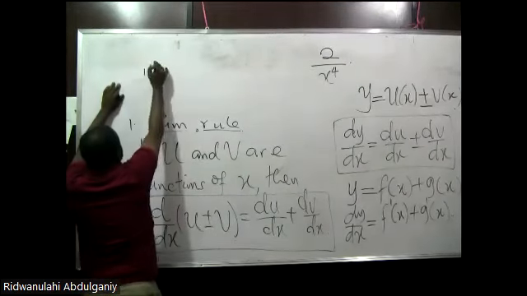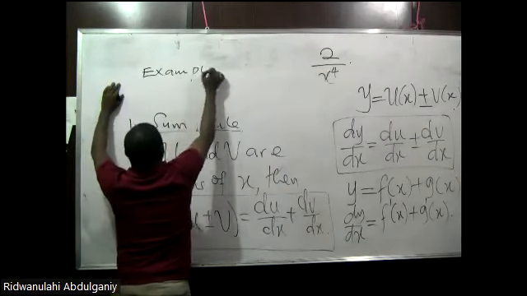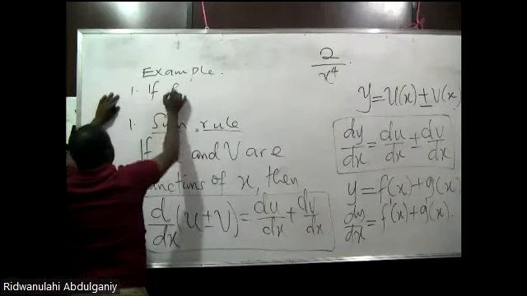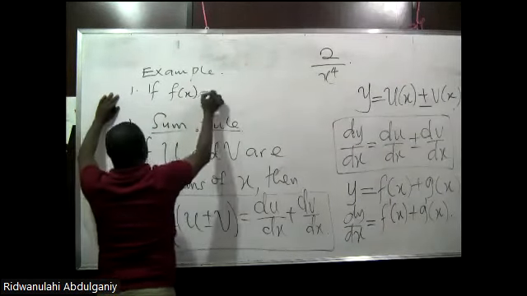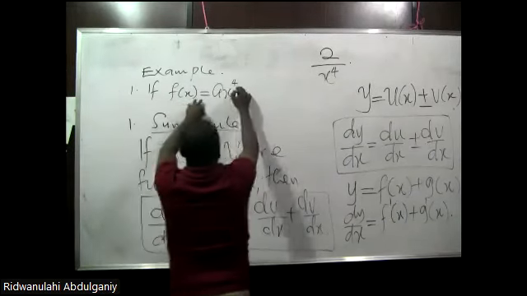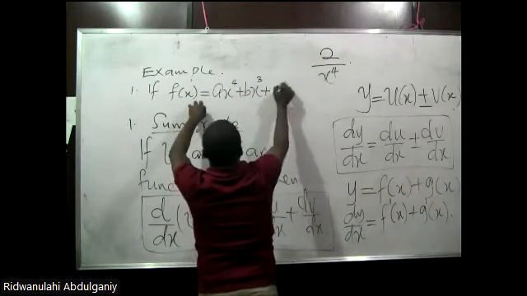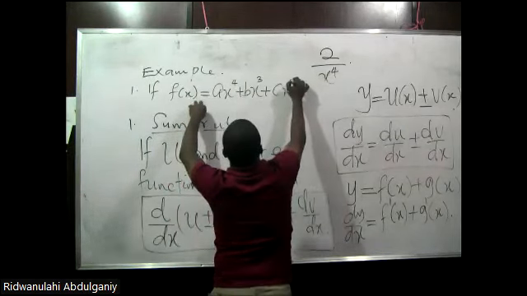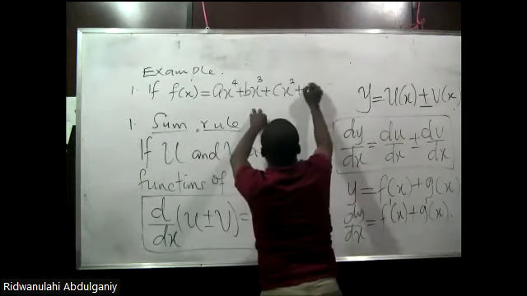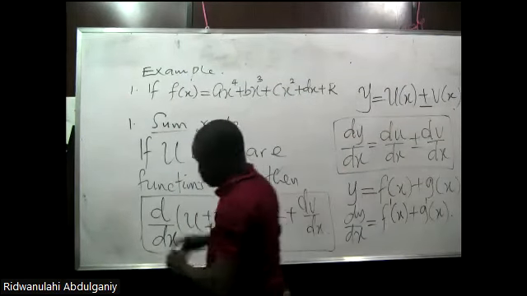Question 1, example. If f of x equals ax raised to power 4 plus bx raised to power 3 plus cx squared plus dx plus k, what is f prime of x? This is where we started.